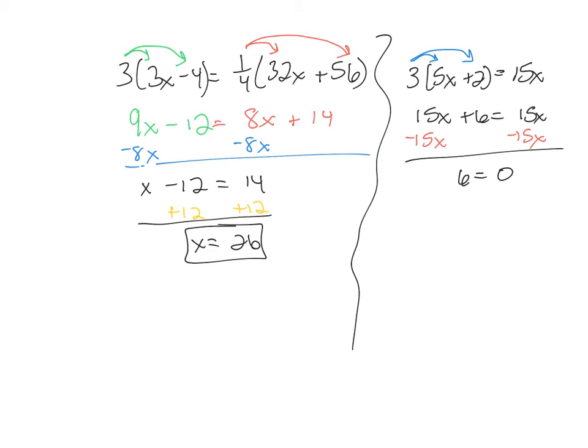6 equals 0. True or false? Hopefully you thought false. So if that happens, the x's go away, and you have a false statement. That is false. The answer is no solution.